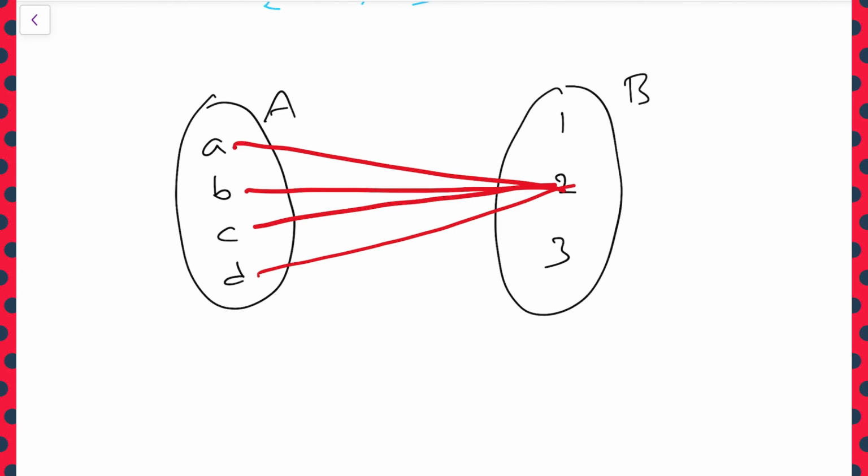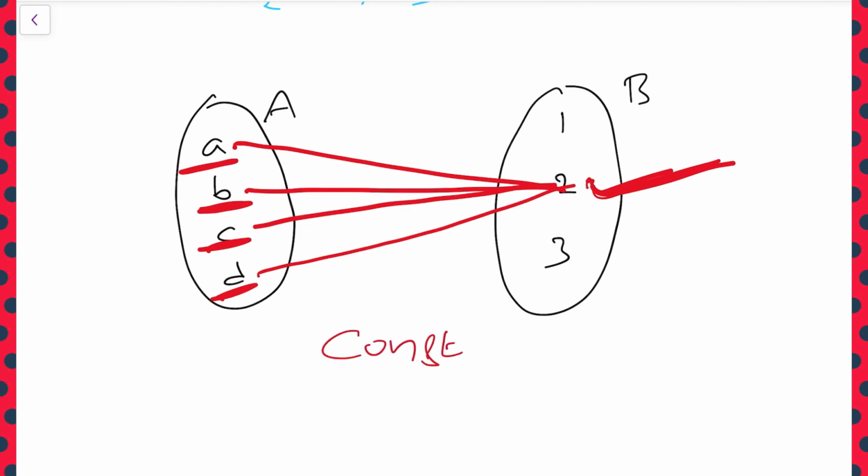A function f is said to be a constant function if the range is one and only one element. For a we got the image as 2, for b also the image is 2, for c also the image is 2, for d also the image is 2. For every element of set A, if one and only one image is there, then that type of function is called a constant function.